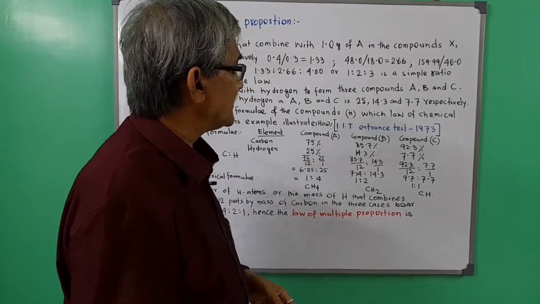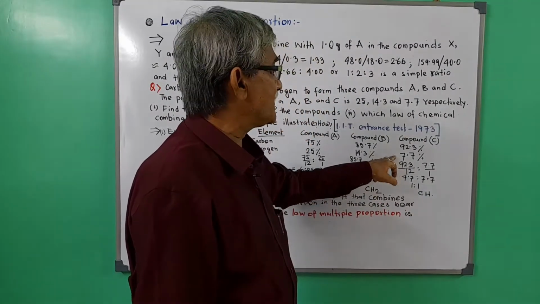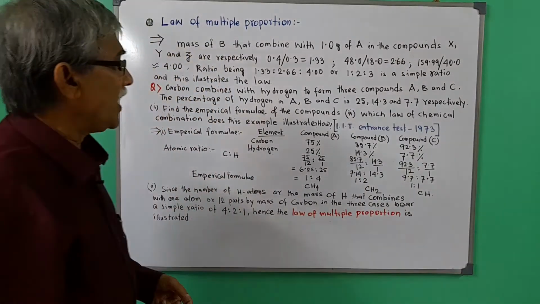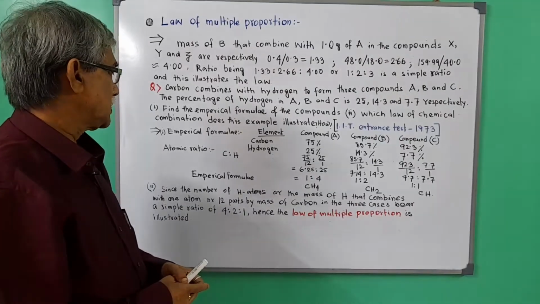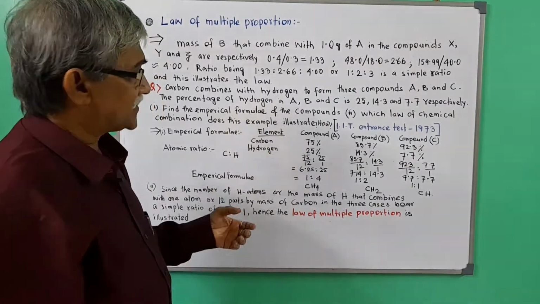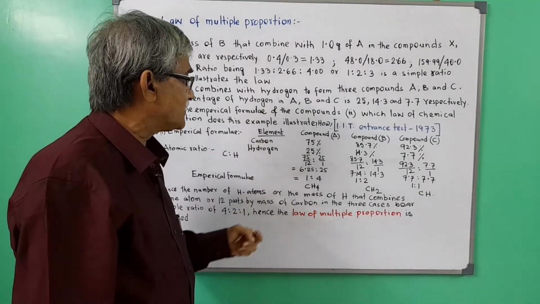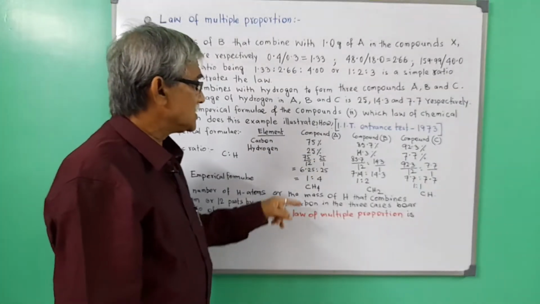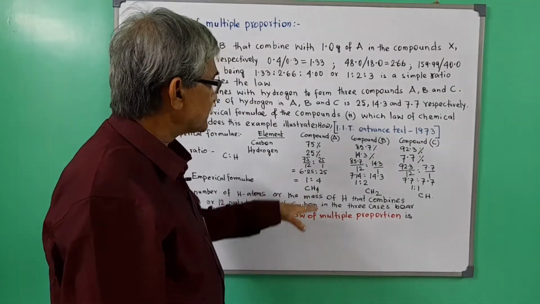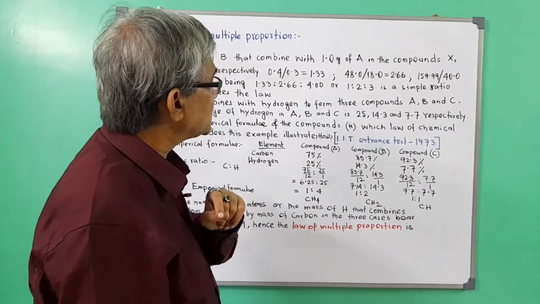Likewise, in compound C, 7.7% is hydrogen, so naturally the carbon is 92.3%. So the atomic ratio will be, you have to divide the respective percentages with the relative atomic mass of the element. So 75 by 12 is to 25 by 1, that becomes 6.25 is to 25, that equals 1 is to 4. So the empirical formula is CH4.